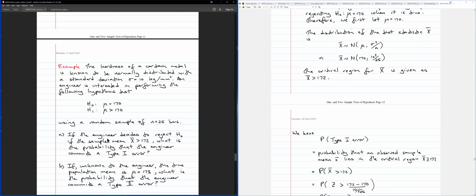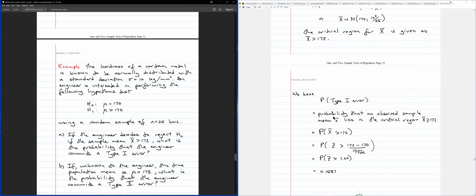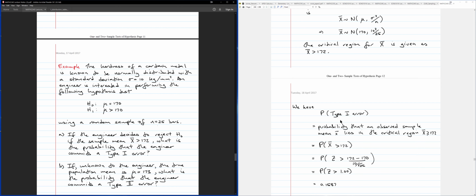The critical region is given in part A. It says that the engineer decides to reject H0 if the sample mean X bar is bigger than 172, so the critical region is bigger than 172. We want the probability of a type 1 error, which is the probability of rejecting H0 when H0 is actually true. You reject H0 when your observed sample mean lies in the rejection region.